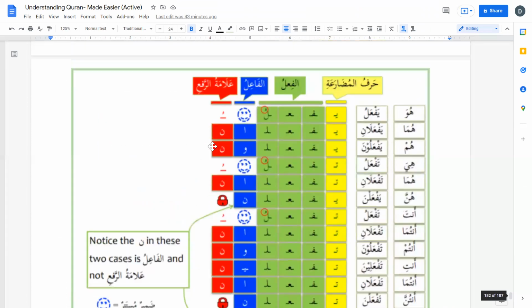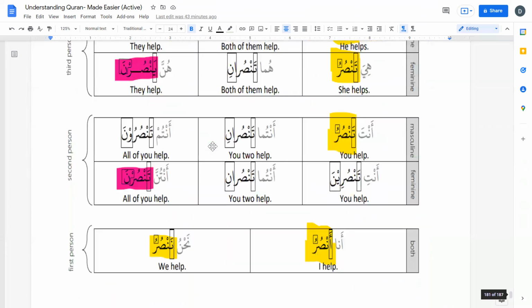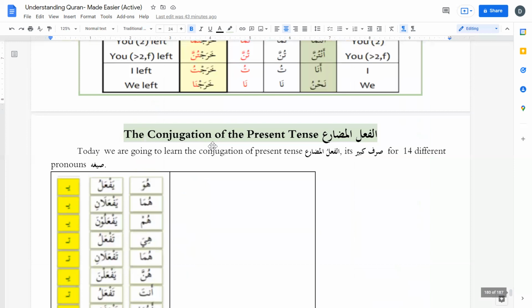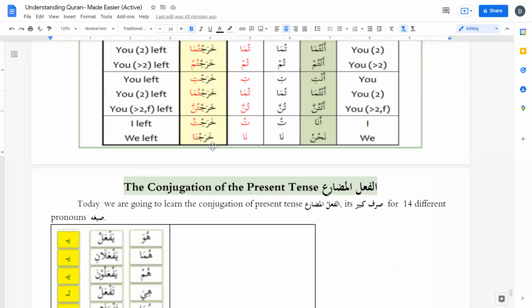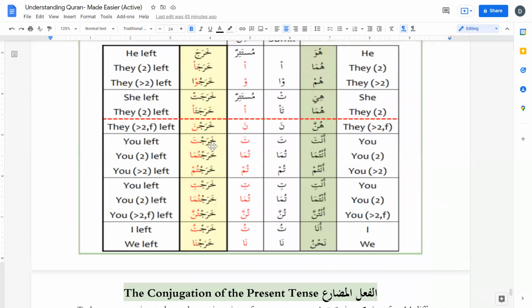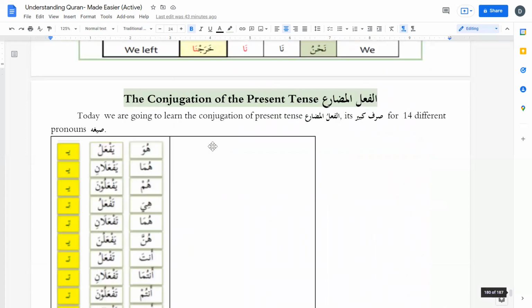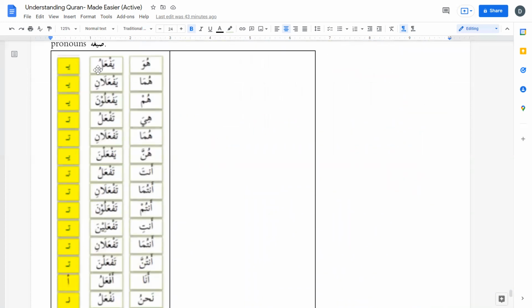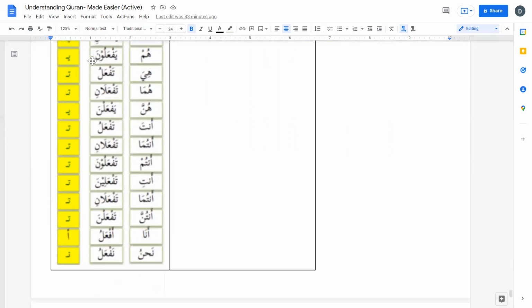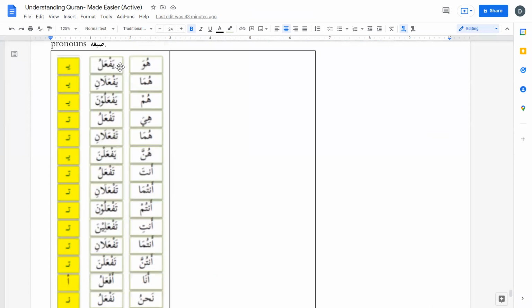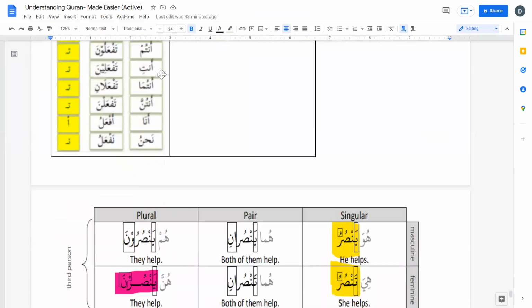So this is all about the conjugation of fi'l mudari, and the conjugation changes with the doer of the fi'l, and there are 14 siga for that, 14 pronouns.